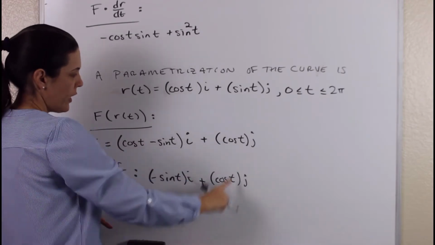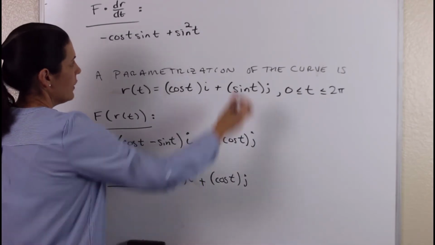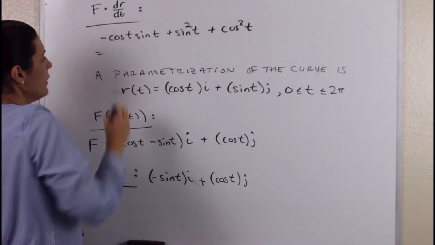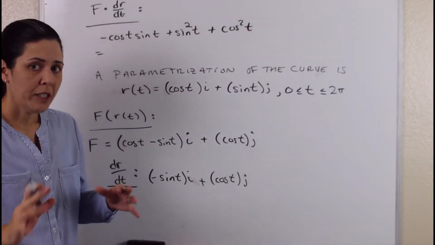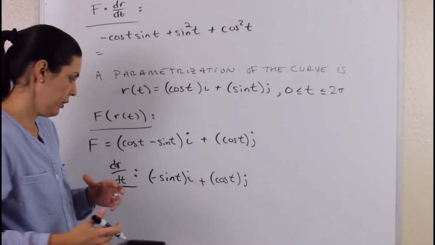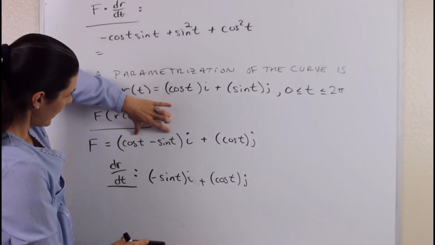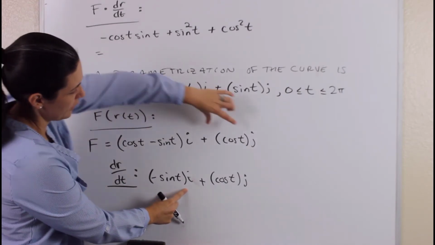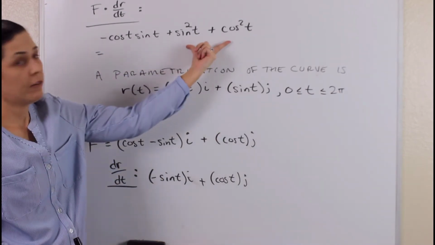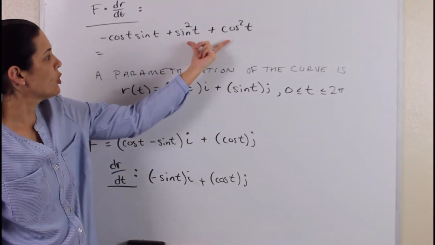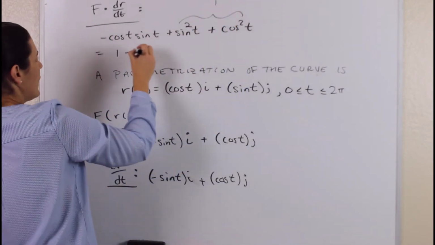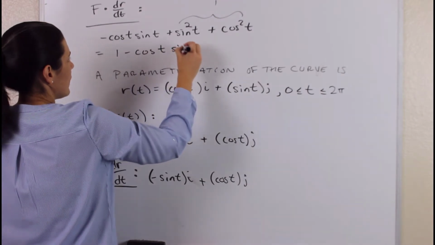And then multiply the j components: cosine times cosine, so plus cosine squared t. If I skipped too many steps, I was doing the dot product: the i component times this i component plus the j component times this j component. Feel free to write those out when you're doing your own work. Now we can simplify. From the Pythagorean identity, sine squared plus cosine squared is just 1, and we get 1 minus cosine t sine t.